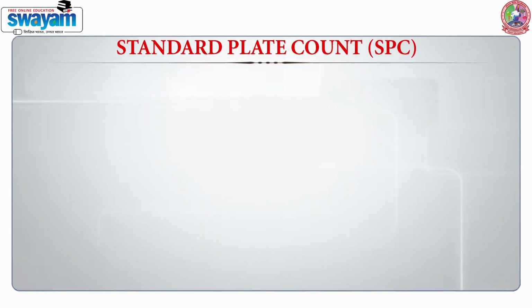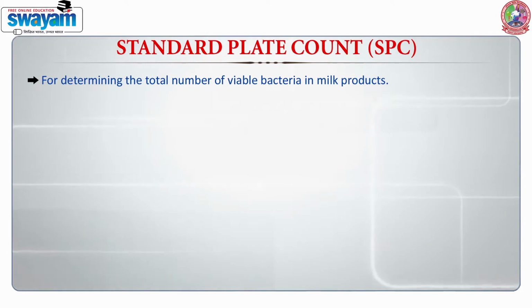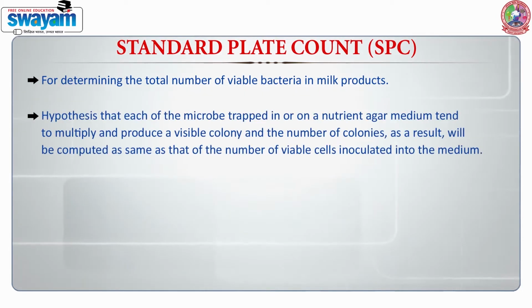Standard plate count is used for determining the total number of viable bacteria in milk products. This technique is based on the hypothesis that each microbe trapped in a nutrient agar medium tends to multiply and produce a visible colony, and the number of colonies is computed as the same as the number of viable cells inoculated into the medium.